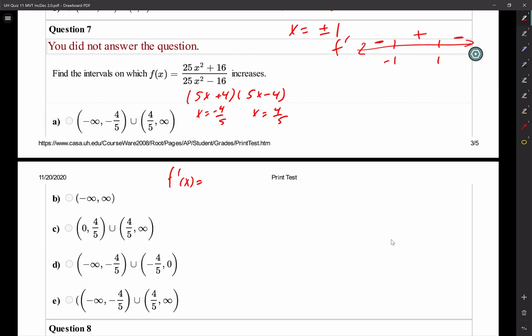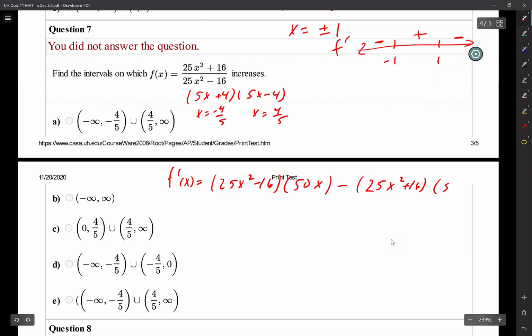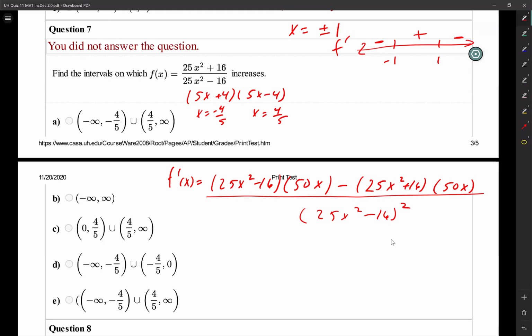Here we go, derivative, guys. Bottom times derivative of the top minus top times derivative of the bottom, all over bottom squared. I already know that it's going to give me undefined at negative 4/5 and 4/5.